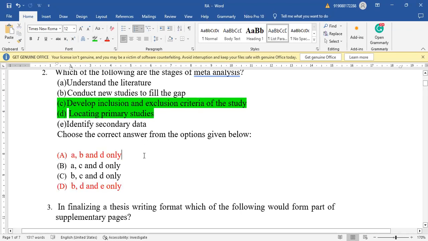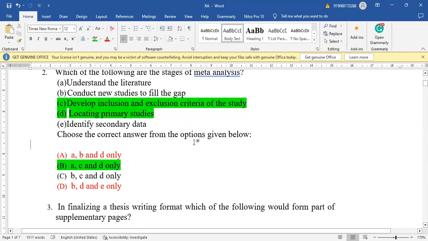Whether it is A or B, understand the literature or conduct new studies to fill the gap, which is a part of research. Understanding the literature is primarily more important than conducting new studies to fill the gap. In that way, B becomes the answer. Is it clear, everybody?